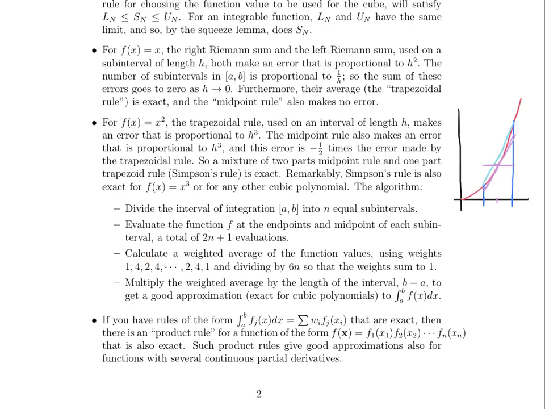We'll also briefly talk about the ability to compute integrals by taking a weighted average of nicely chosen function values over the interval. And this is the idea behind Gaussian integration.